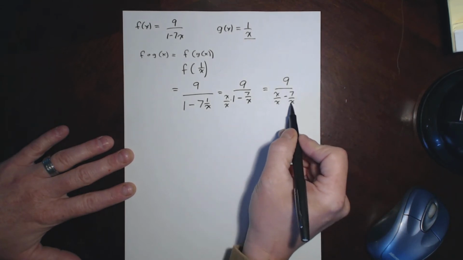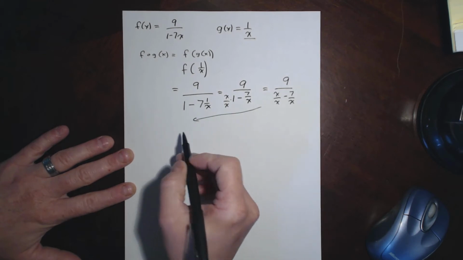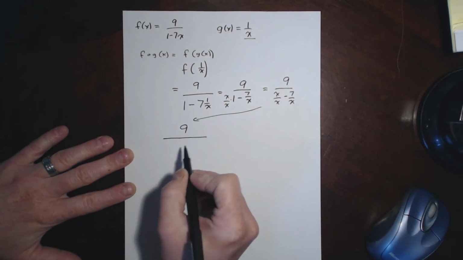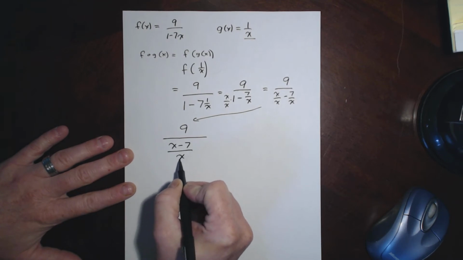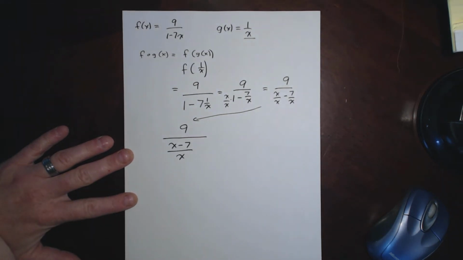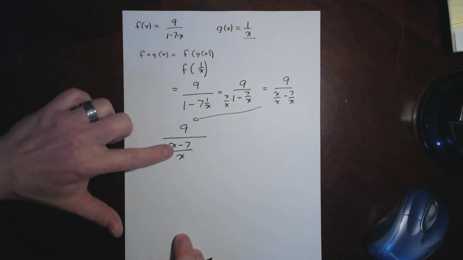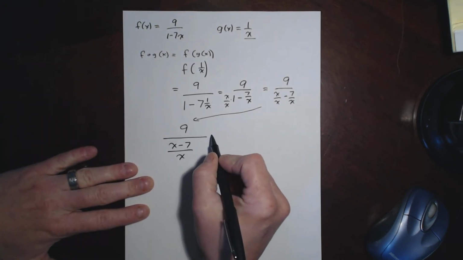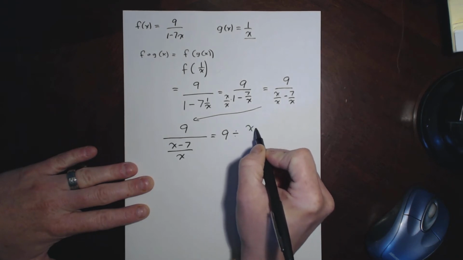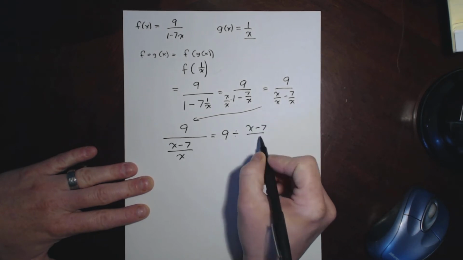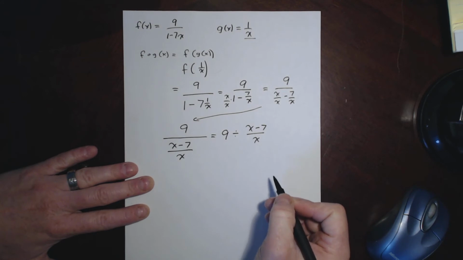Now we have the common denominator on the bottom, so this now becomes 9 over x minus 7 divided by x. Now I have 9 divided by all of this, so I can write it as 9 divided by x minus 7 divided by x.